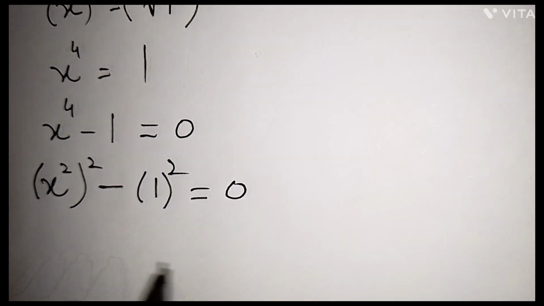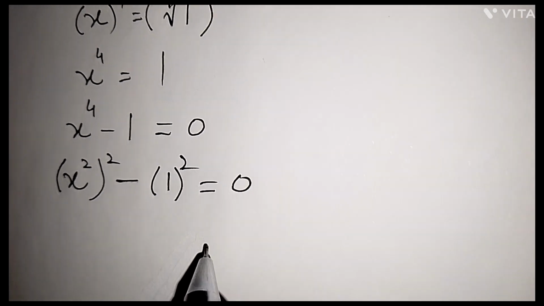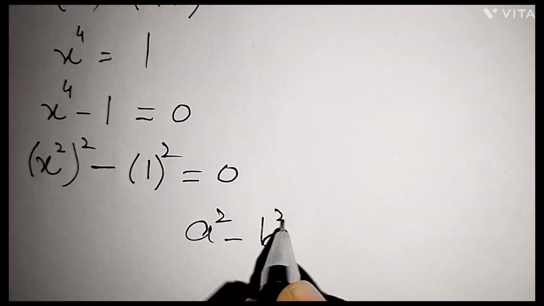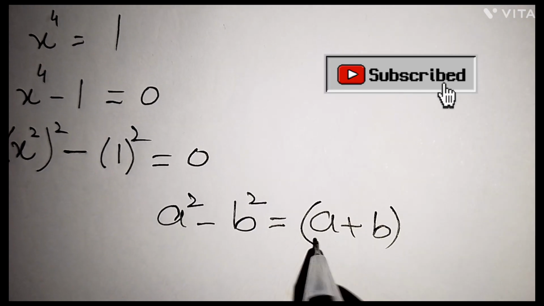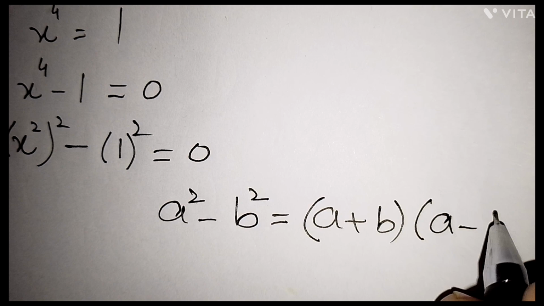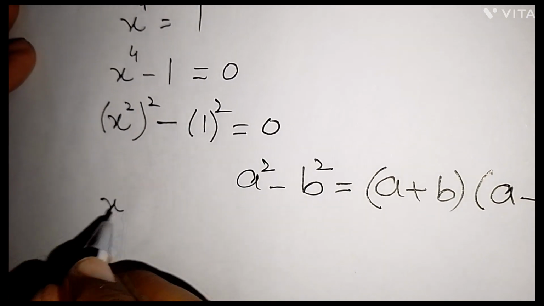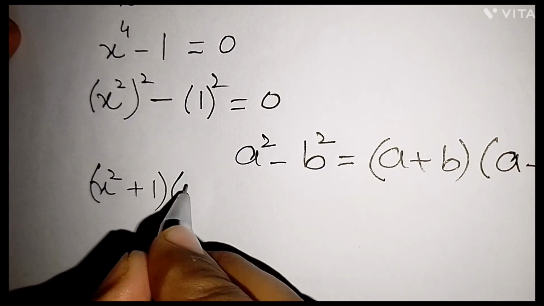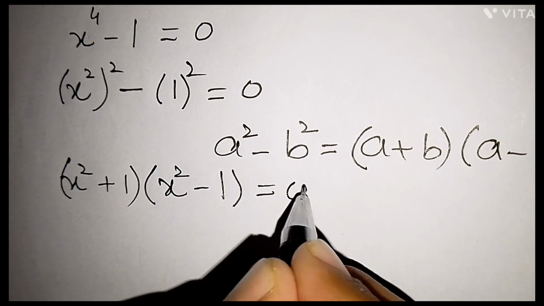Now I have a rule: a square minus b square is equal to a plus b multiplied by a minus b. We can write this as x square plus 1 multiplied by x square minus 1 is equal to 0.